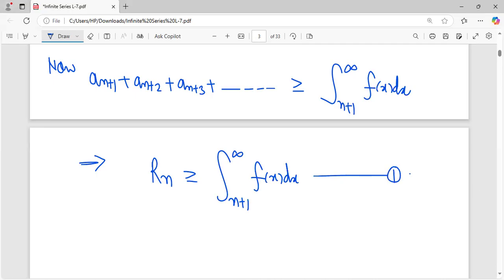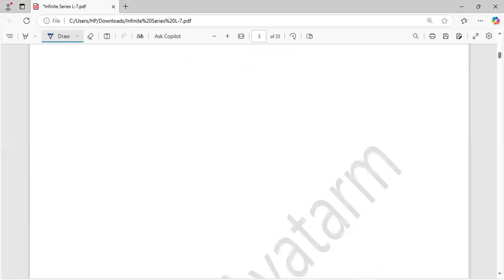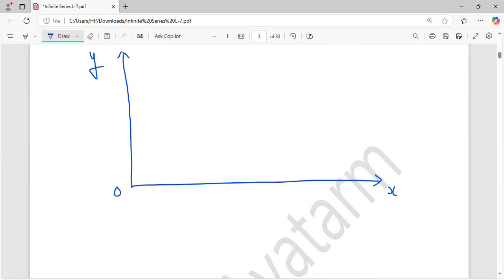It is very clear. I'm drawing a graph here. So you see this graph. This is the x-axis, this is the y-axis, and this is 0. So f is a monotonically decreasing function.